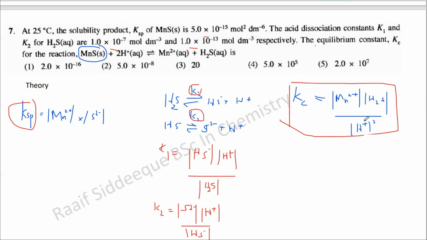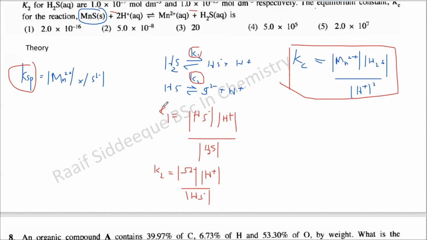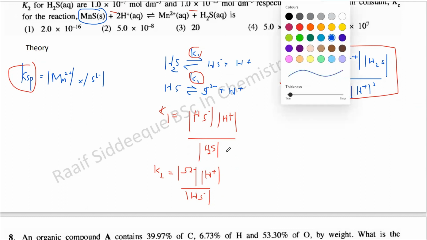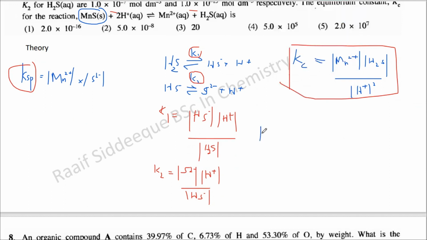In this equation, you should be able to see there is no HS-, which gives me the idea that this HS- should cancel out. The only possible way to cancel out HS- is to multiply K1 times K2.